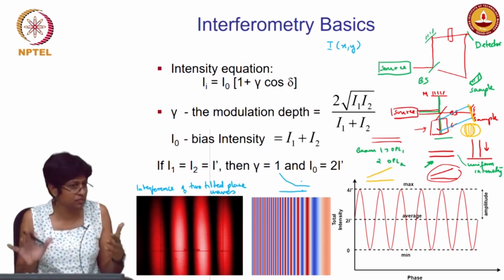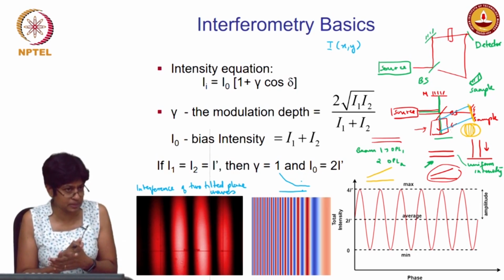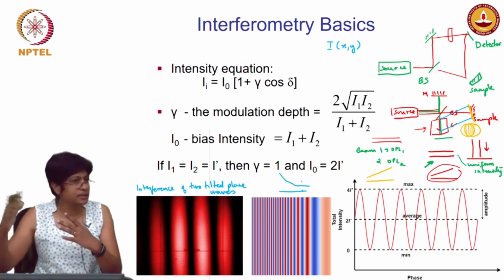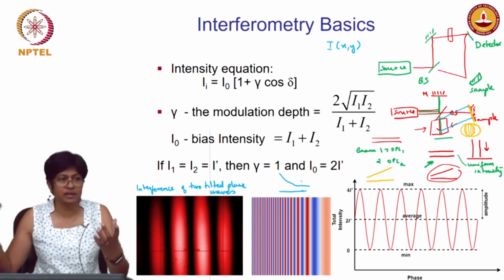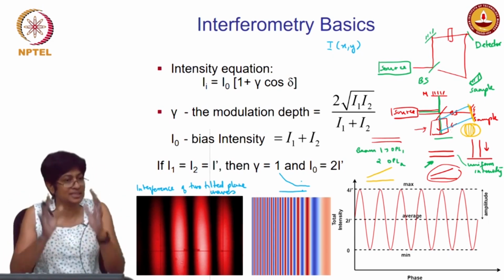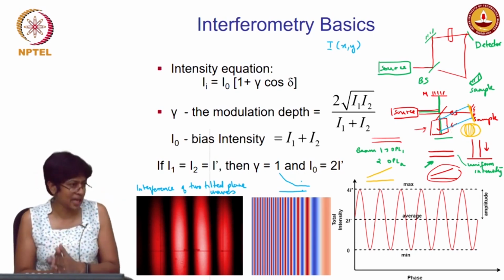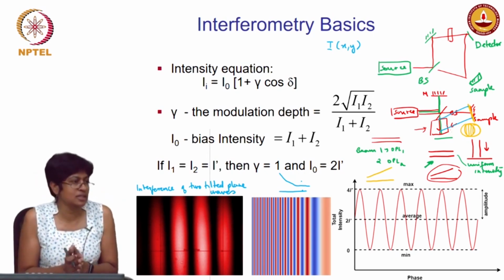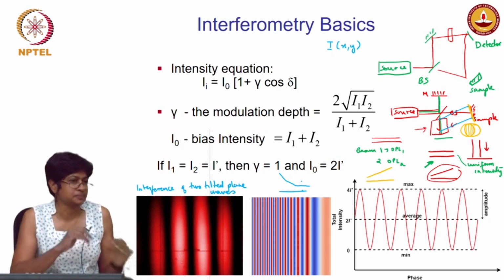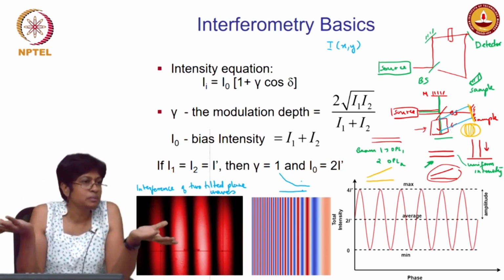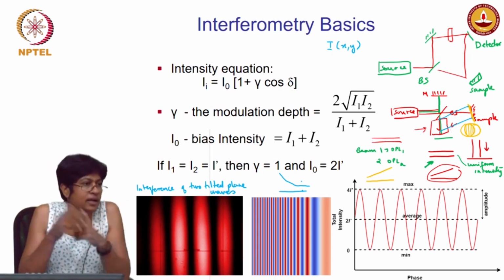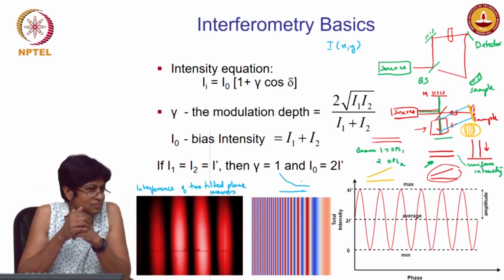I'll only have interference if I have an overlap between beams, right? So I'm not talking about the case where I've tilted the mirror so much that the object and reference beams don't even overlap. But if I have a large angle, I may not see interference again. Why? The fringes will be too close, and my detector may not have the resolution to see them.